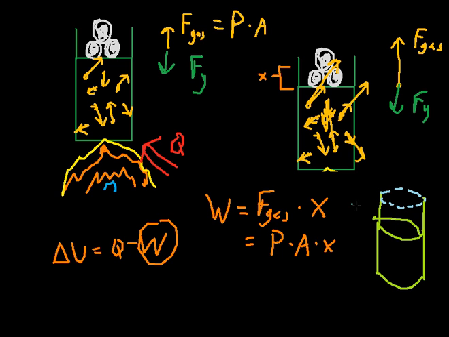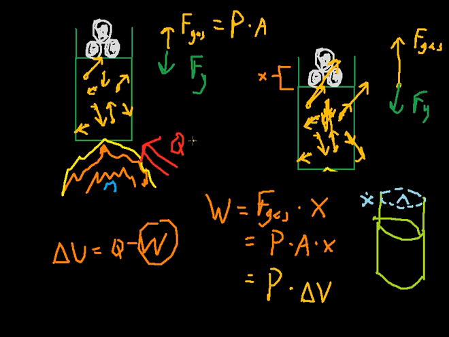Okay, so it's moved through this distance x from down here to up there, and we have a certain area. And so what we've done is we've changed the volume by a certain amount. And so we wind up with the work is equal to the pressure times the change in the volume. If we haven't changed the volume at all, then we haven't done any work.